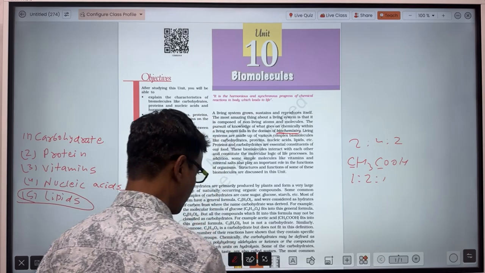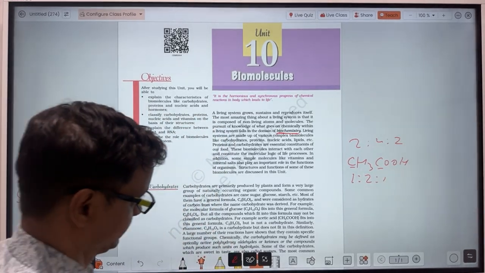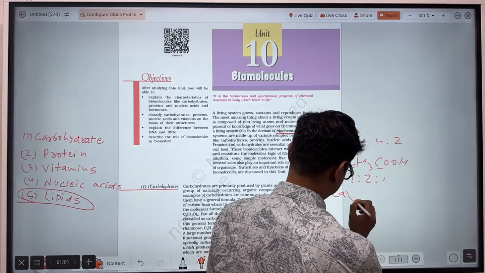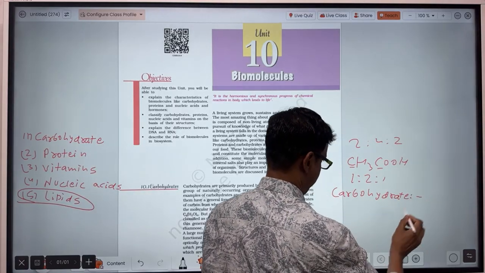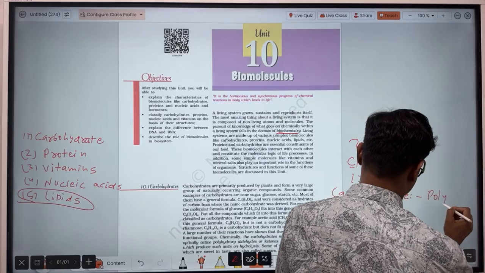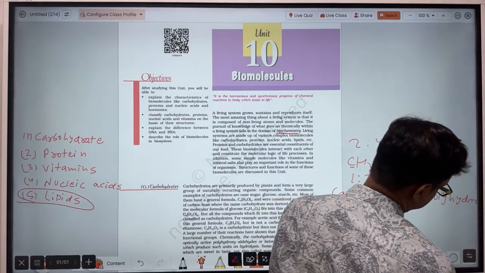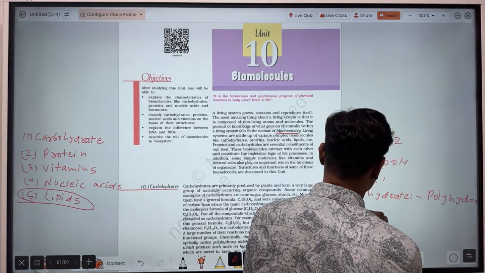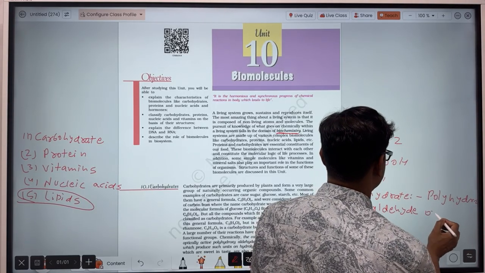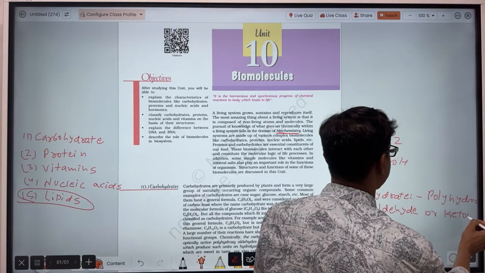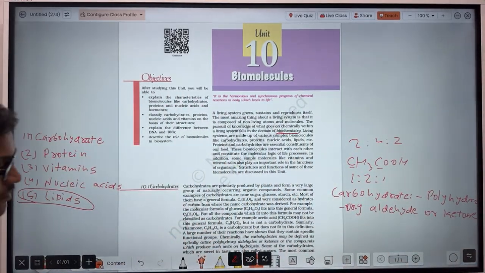Carbohydrate is polyhydroxyaldehyde or ketone.